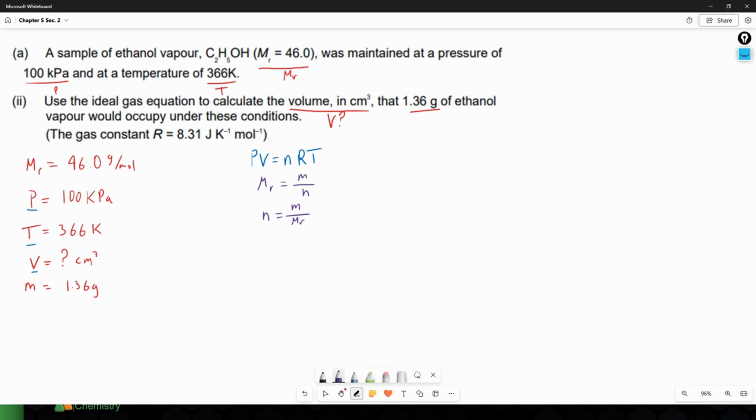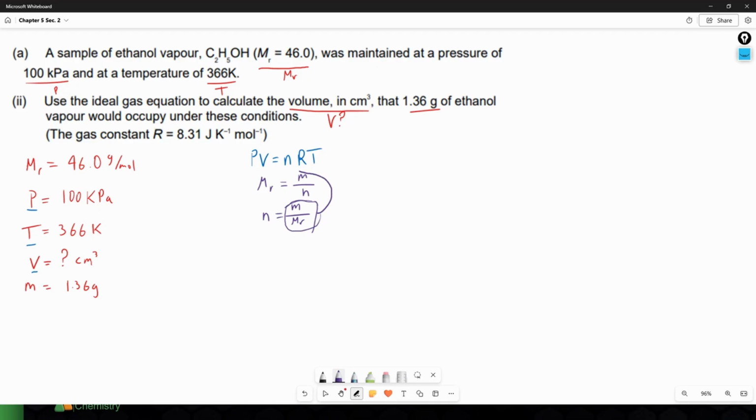If we substitute this n into our... actually, I'm gonna circle the other one. So if we look at this, n is equal to mass over molar mass.